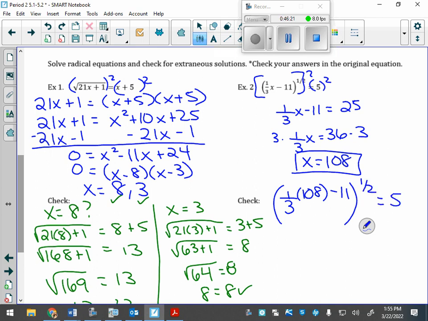Okay, 108 times 1/3 is what? 36, good. 36 minus 11, 25. Square root of 25. Good. Okay, so it does work. All right, so 108 is your solution.